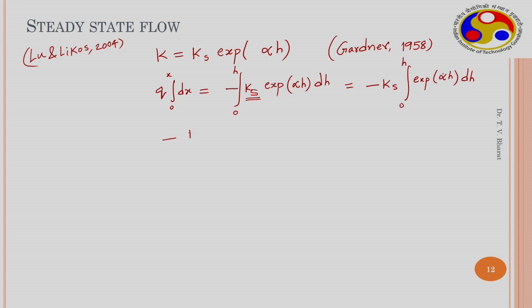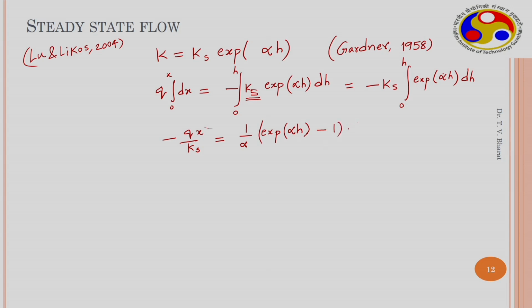So this is minus q by Ks x is equal to, the integration of this one is 1 by alpha exponential of alpha h, so if you simplify, 1 by alpha times exponential of alpha h minus 1.